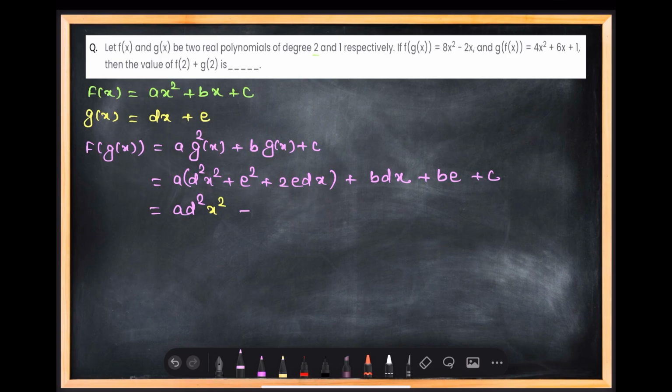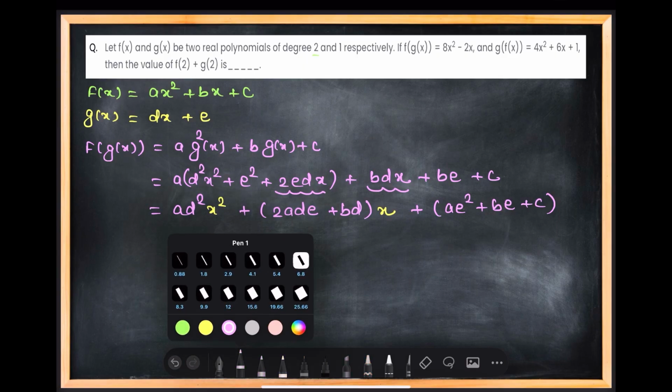Okay, so it is 2ade, means from here and from here, plus bd, and then we will be having x. Now we will be writing the constant component. The constant component is ae square plus be plus c. So this is our constant component.